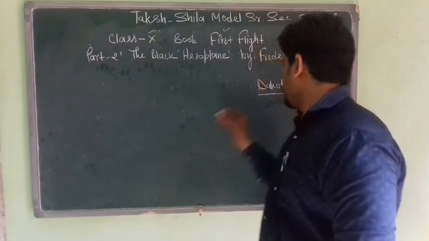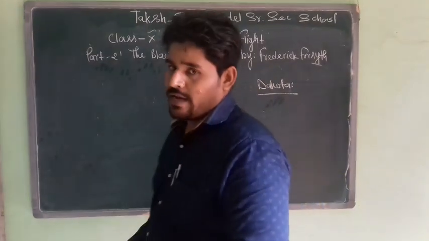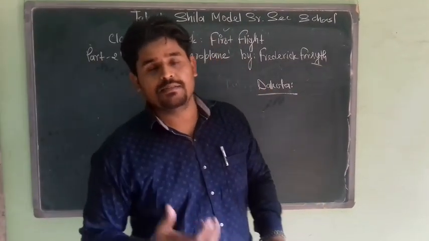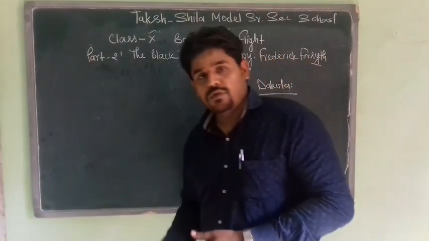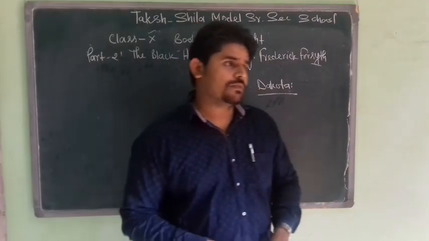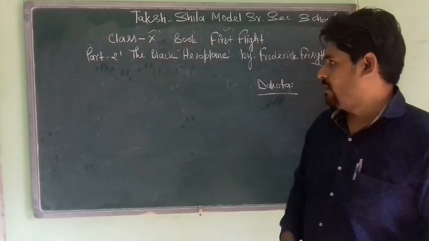So to the pilot of Old Dakota, this plane actually appears to be black. Why? Because there was everything dark outside his plane, and secondly this plane has no lights on its wings. So for these two reasons, this plane has been referred to as the Black Aeroplane.